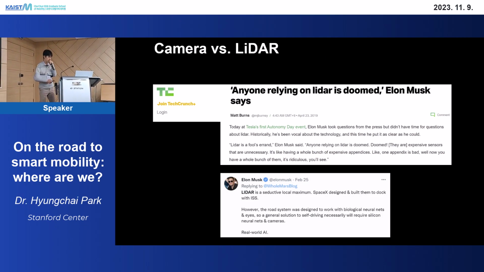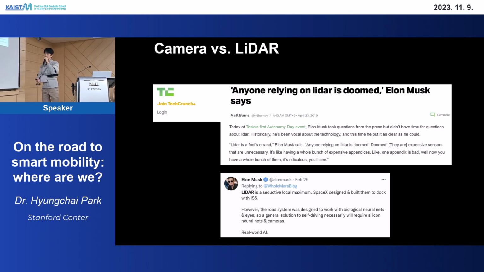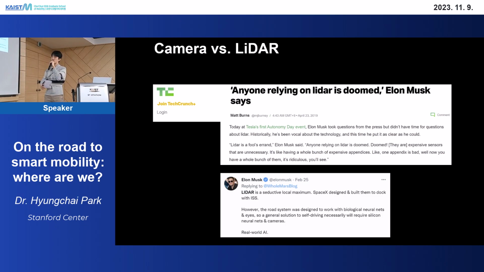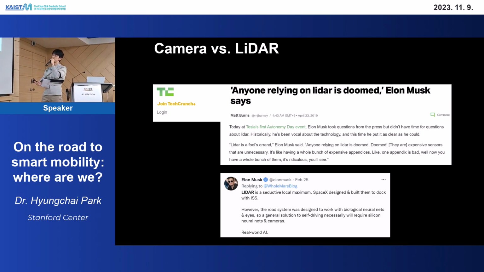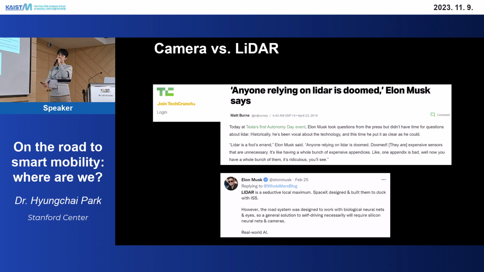And also, we haven't even reached a consensus on how to implement autonomous driving. There is a debate between two groups. One group, actually one company, insists that we can implement autonomous driving using just the camera.